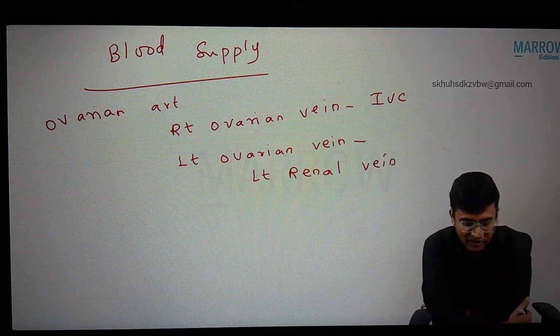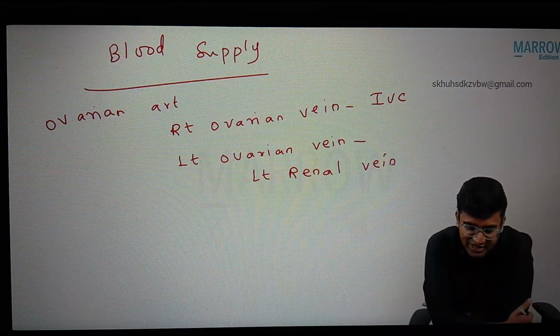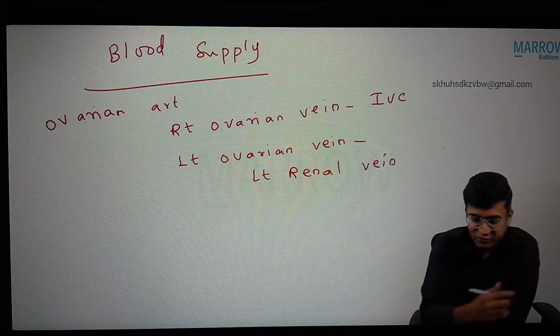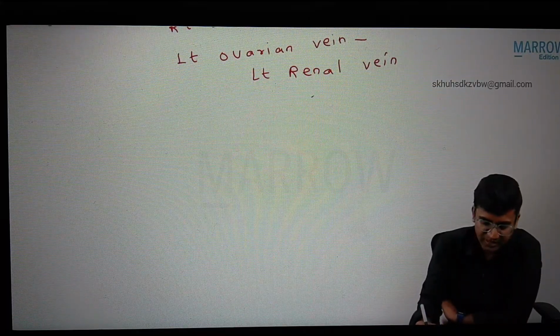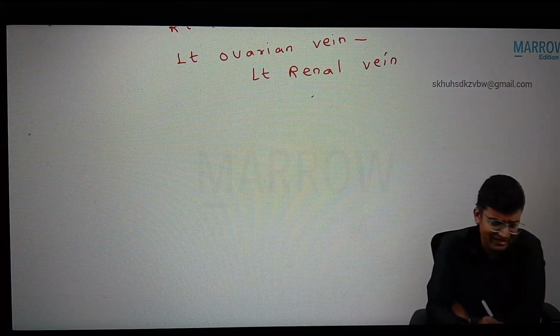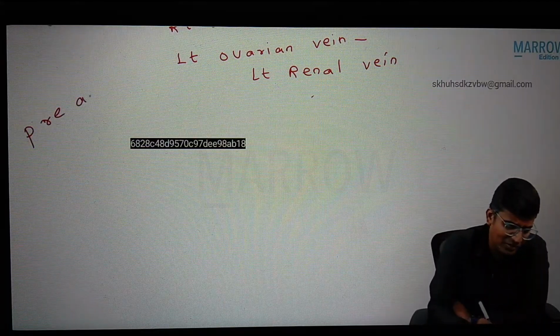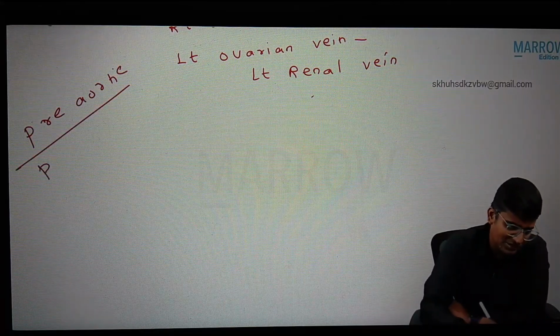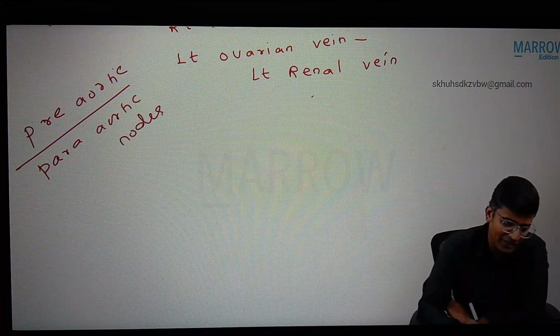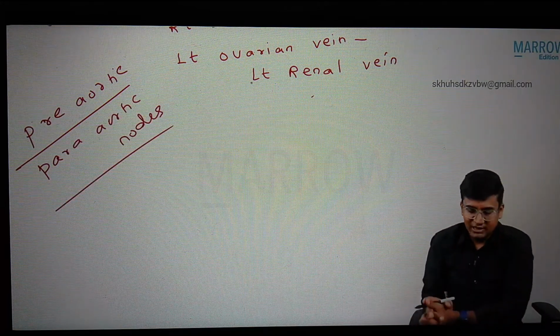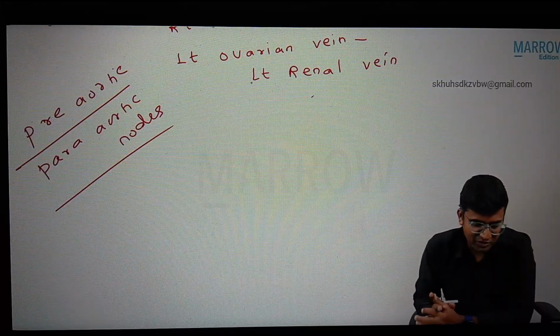This is very important, so please don't forget these two. Last one, lymphatic drainage. Lymphatics go to pre-aortic and para-aortic nodes. So that's all about the ovary.